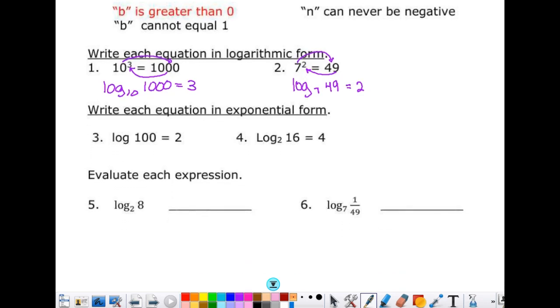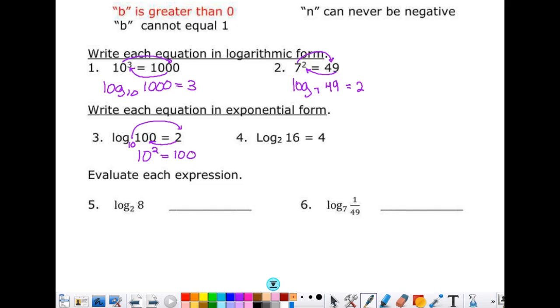Write each equation in exponential form. So now they've given us logs, and we're writing these in exponential form. Now, when your log doesn't have a base, it's a given 10. So 10 squared equals 100.